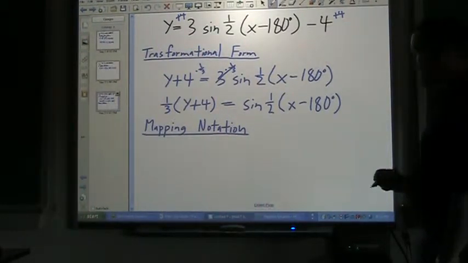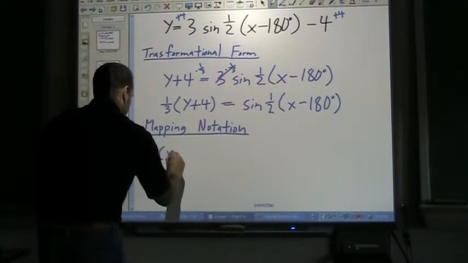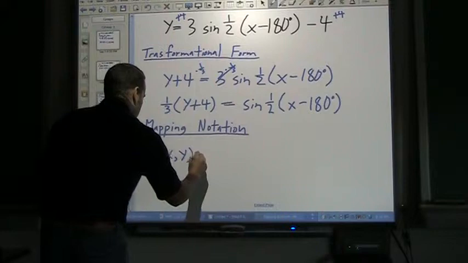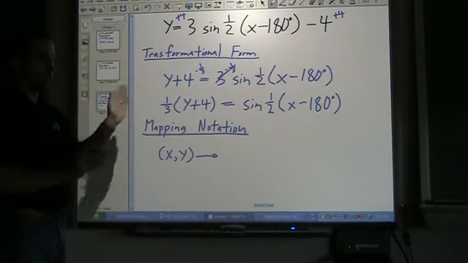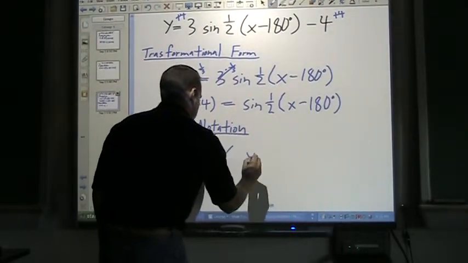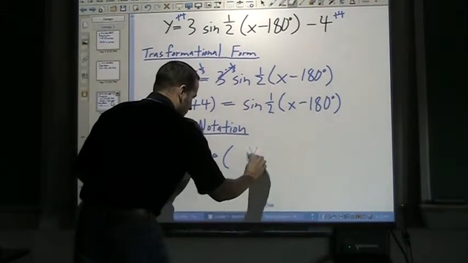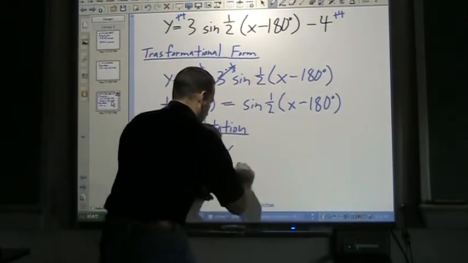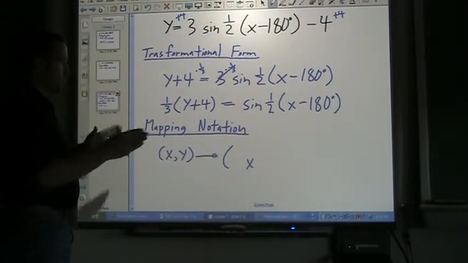Now on the mapping notation, I'm telling the person drawing this sine wave what we've done to it in both the x and y directions. We'll do the x first here. In the x direction, how much do I stretch the period?